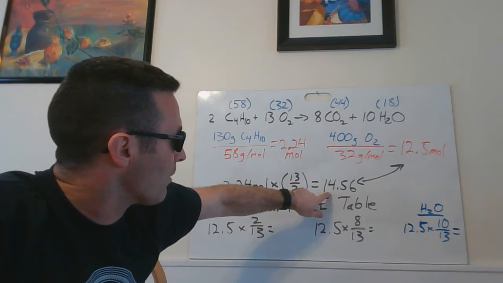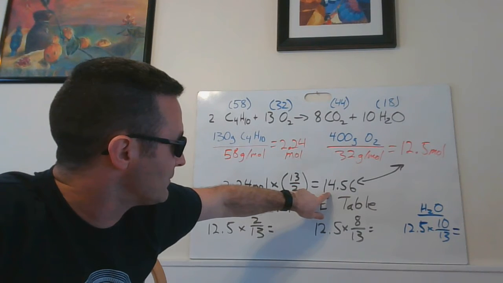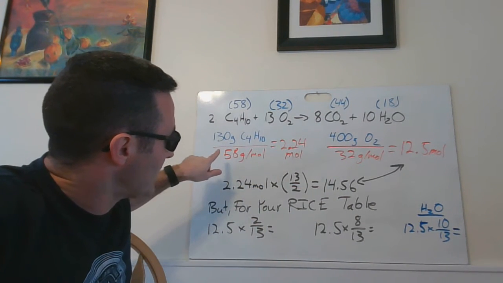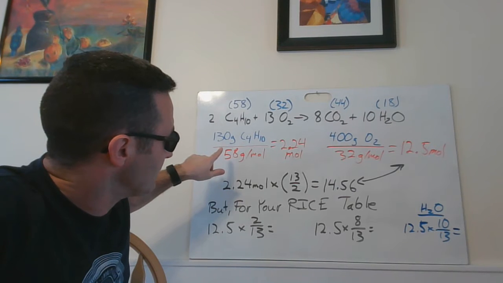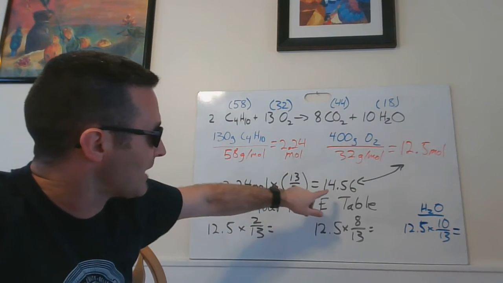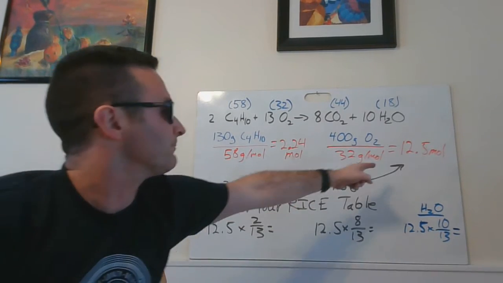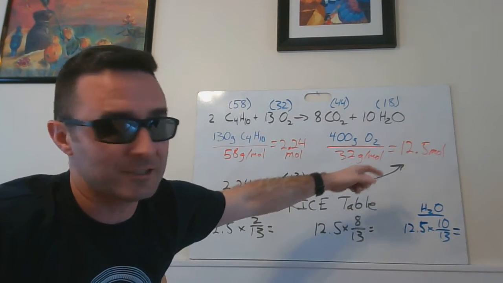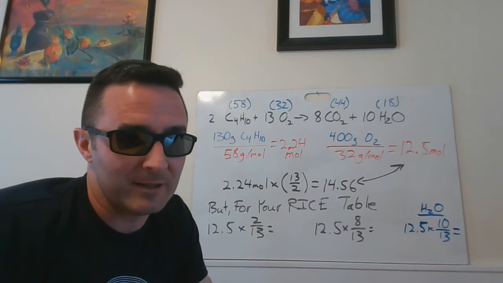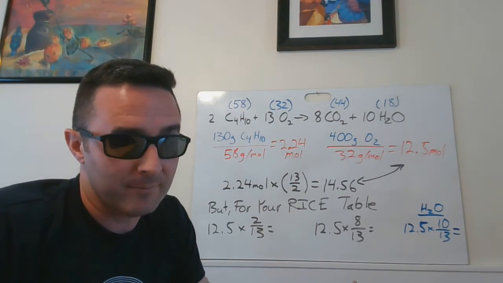So if I've got more oxygen than 14.56, my butane's my limiting reagent. And if I've got less oxygen than 14.56, the oxygen's my limiting reagent. I've got 12.5 moles of my oxygen. Oxygen's my limiting reagent. Okay.